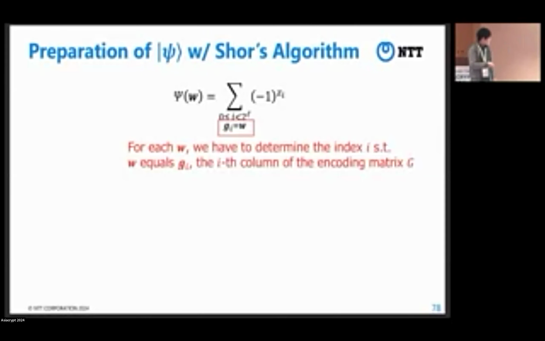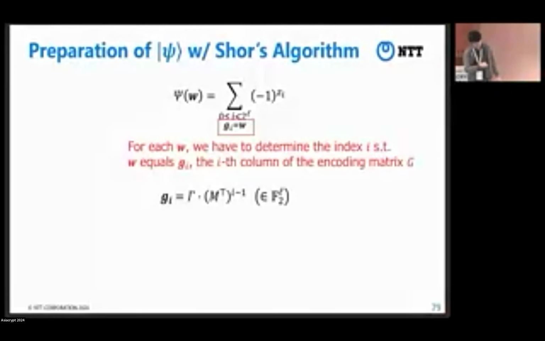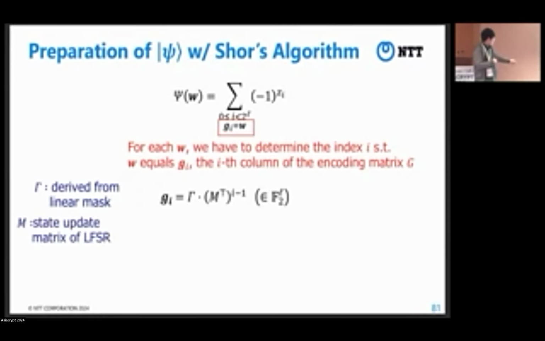To compute psi of w, we have to determine the index I such that w is equal to g_i, the ith column of the encoding matrix. This is equal to gamma times the transpose of M to the power I minus 1. Gamma is derived from the linear mask of the linear approximation, and M is the state update matrix of the LFSR.